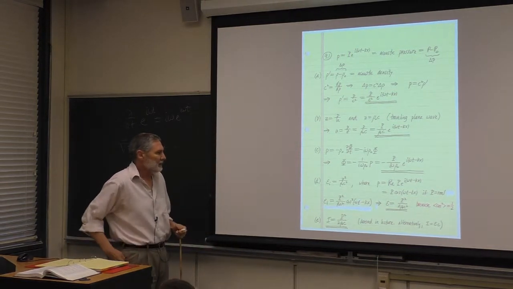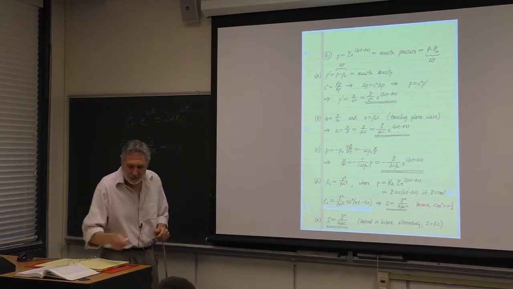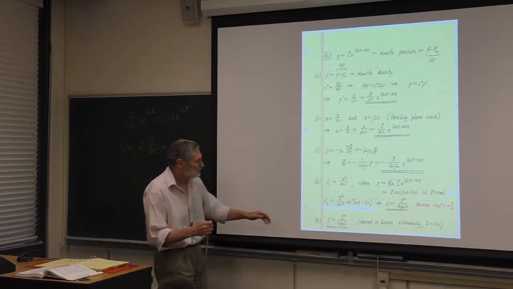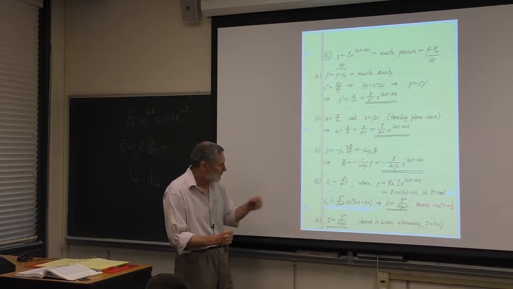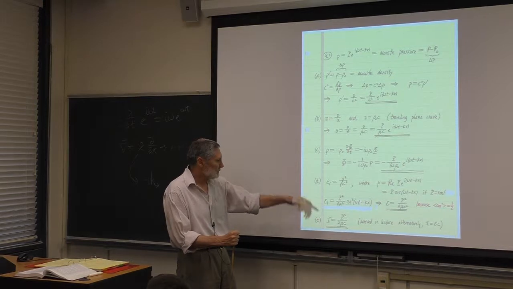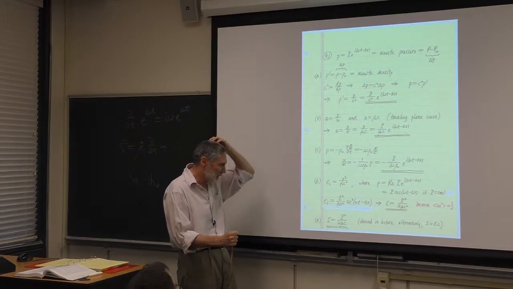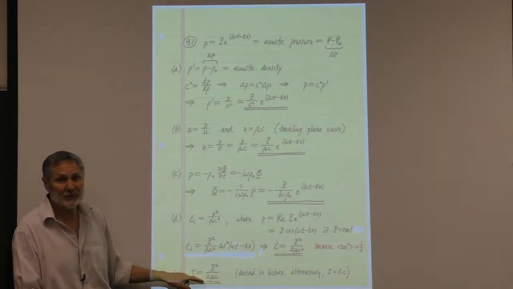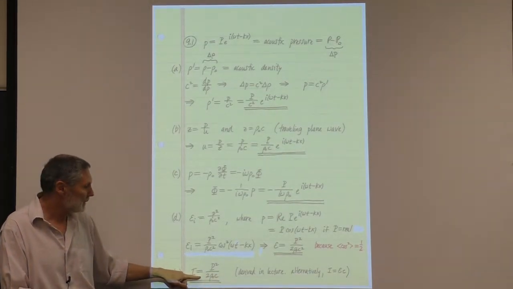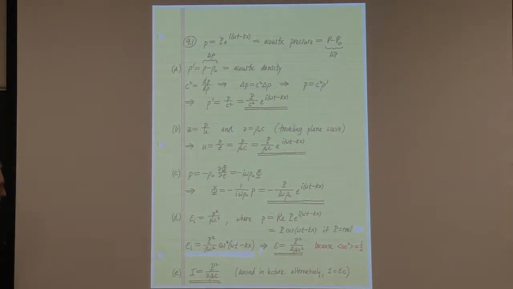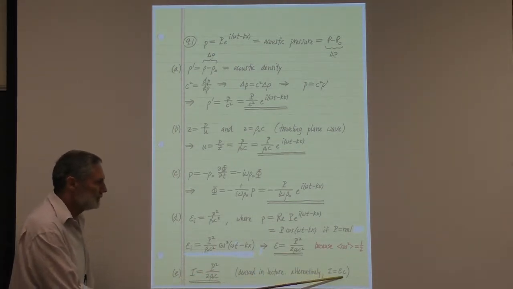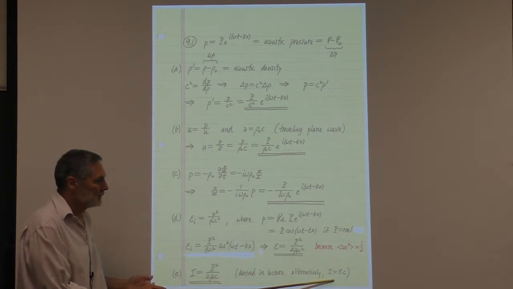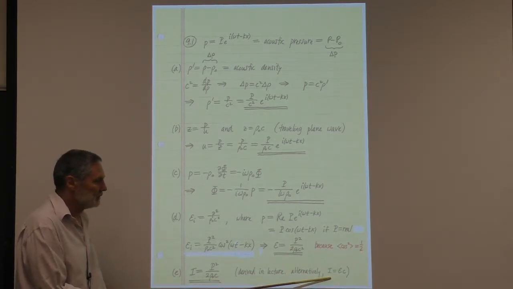Okay, finally, the intensity. We derived this in lecture. This is the average intensity. We derived this formula in terms of the pressure amplitude. You can look back at that. Alternatively, and actually maybe the way we derived it, now that I think about it, you can use this very simple, almost self-evident relationship.